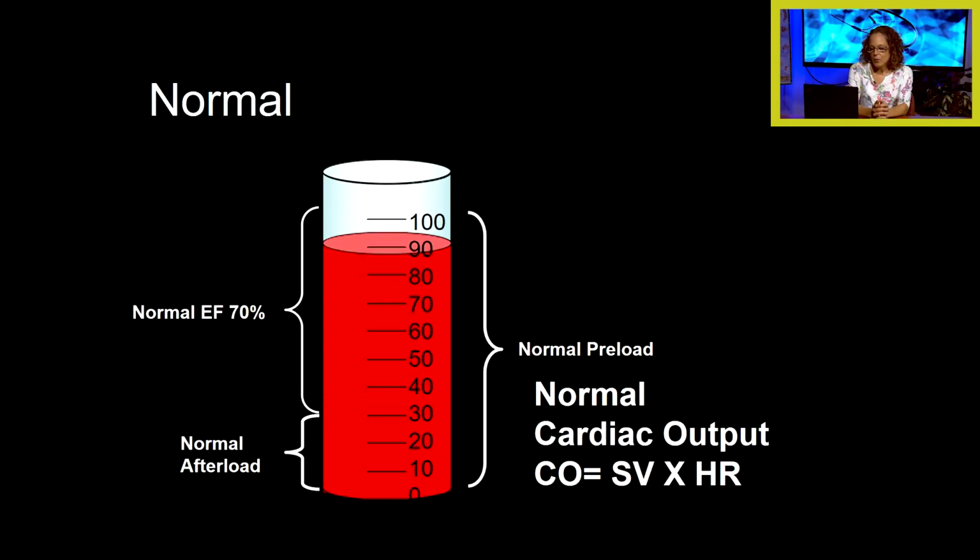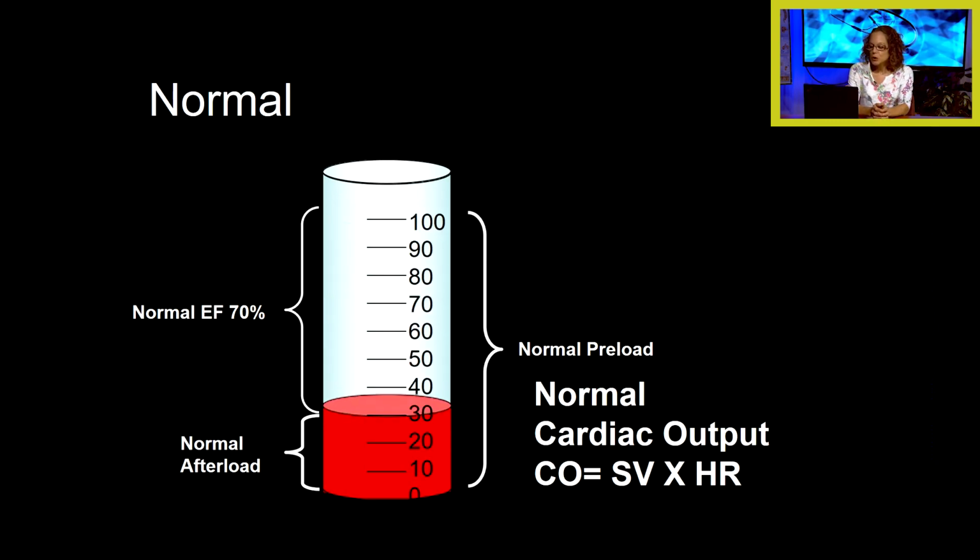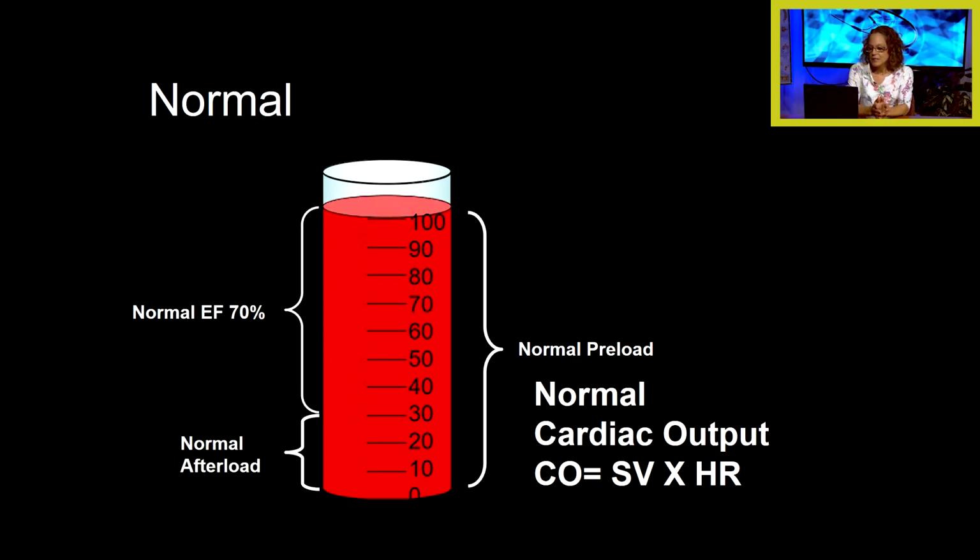Again, we have our example here of a normal heart with a preload of 100 and an afterload of 30, which tells us that our ejection fraction is about 70 mLs, or 70%.